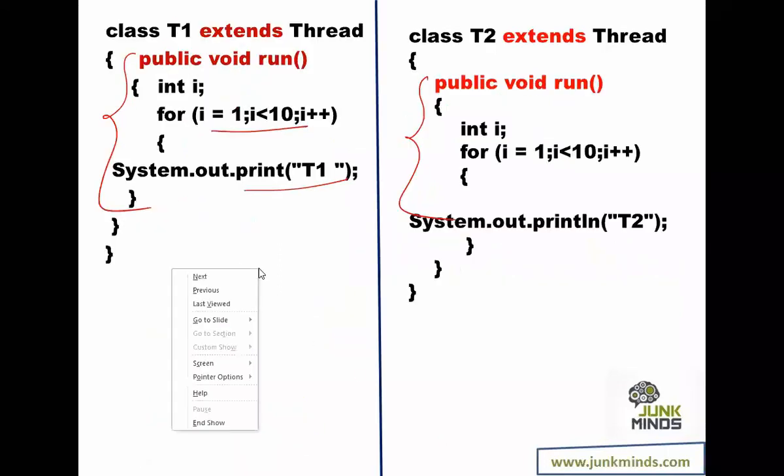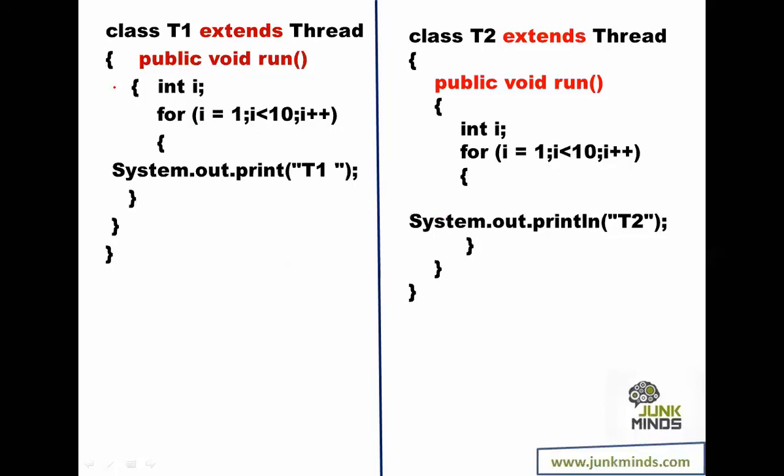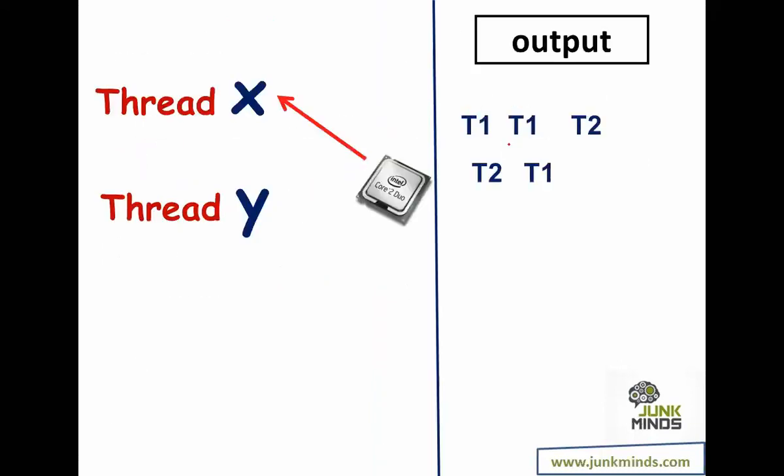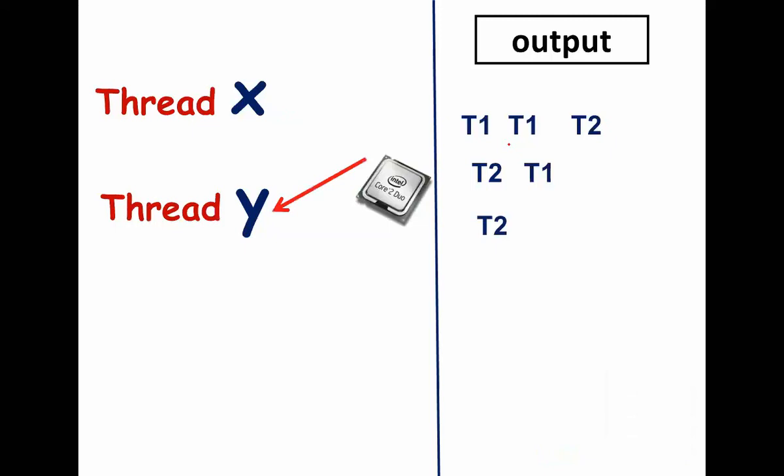I have two for loops, one inside the run method in T1 and the other inside the run method in T2. Now, this for loop and this for loop are both running in parallel. So two parts of the same program are running simultaneously because now we have two threads which are executing different parts of this particular program. So because of this time sharing and time slice, you will get your output like this.